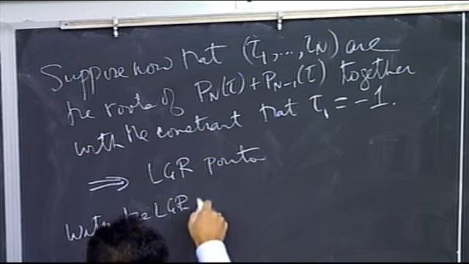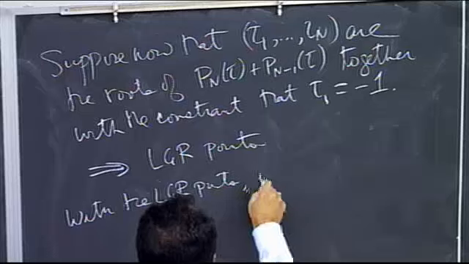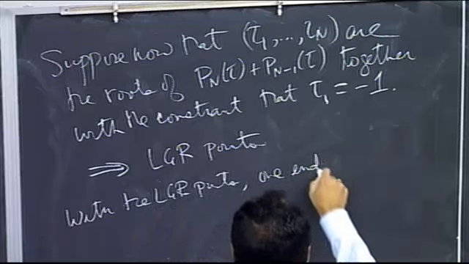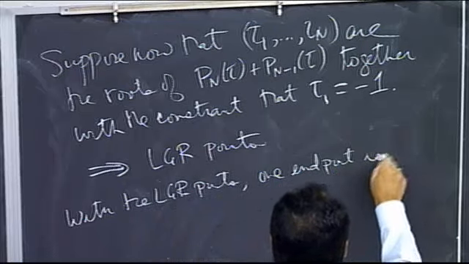So the thing is that with the LGR points, one point, or one endpoint, is constrained.